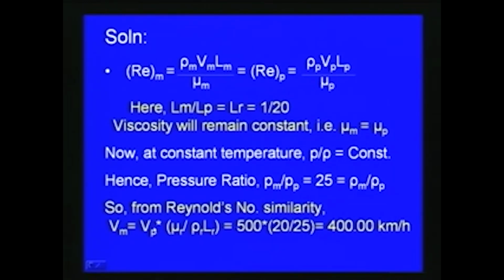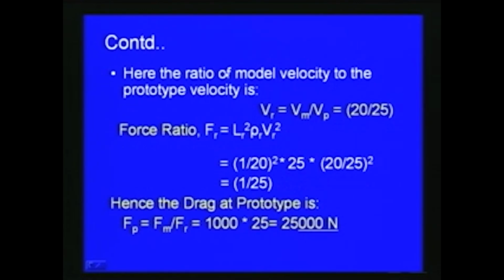So, now Vp, the prototype velocity is given as 500 km per hour, and then mu r is already constant, and then rho r, here you can see it is 25 and Lr is 1 by 20. So, we can write 500 into 20 by 25. So, that gives 400 km per hour.